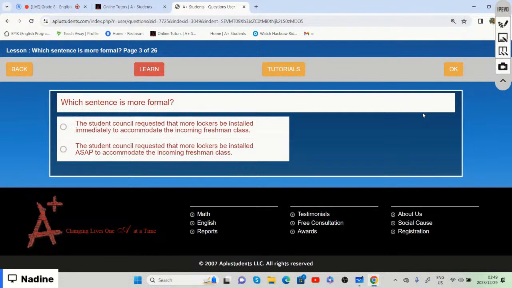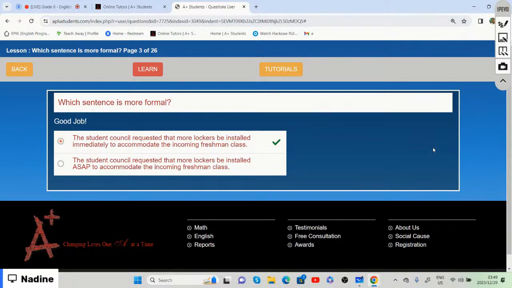And the sentence that is more formal would be the first one, right? Because remember, we said avoid abbreviated words like ASAP, FYI, right? So we need to avoid certain words. So, which means that the sentence that is more formal is the first option.